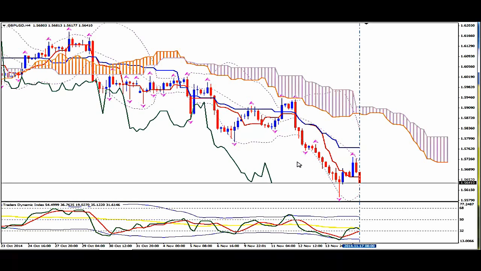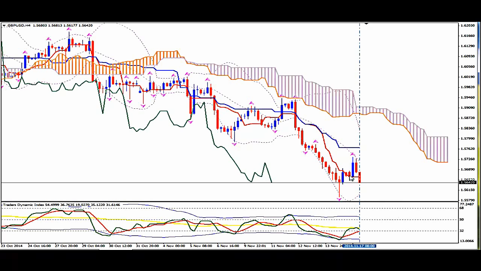But I wouldn't enter. I would wait to get crystal clear confirmations. Would I enter short? Well, I would enter short if I could see this down fractal here, which shows a very strong support level, being broken.